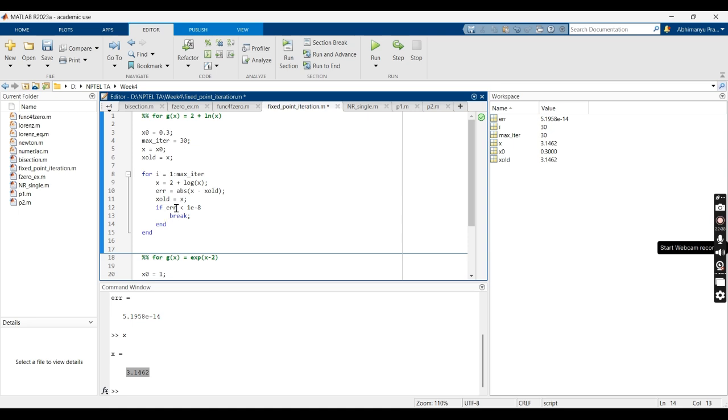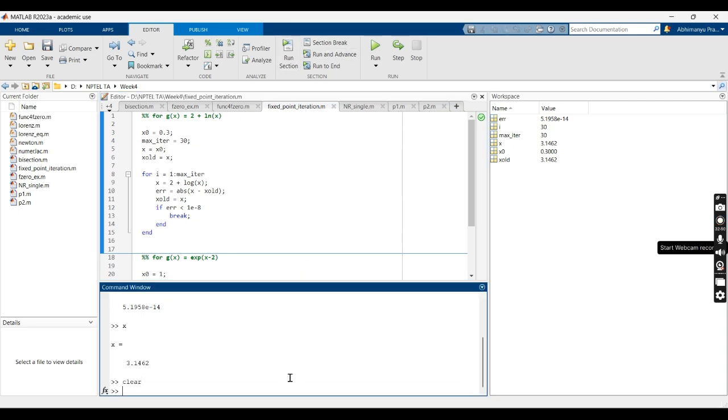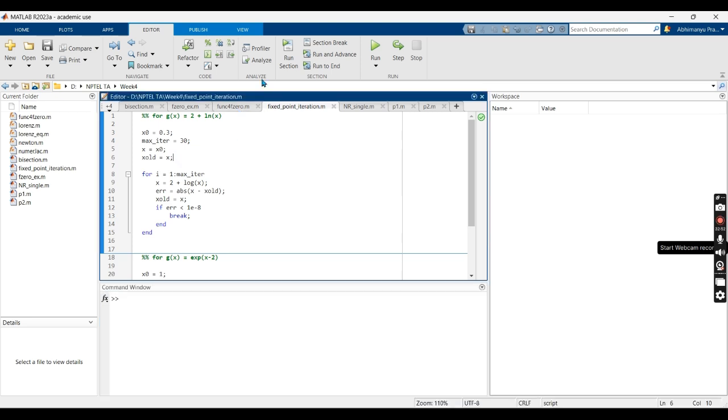If my error goes less than 10 to the power minus 8, then I will just break out of this loop and stop the iterations. I will run this again. Let me also store the value of error. You can plot how fast the error converges.